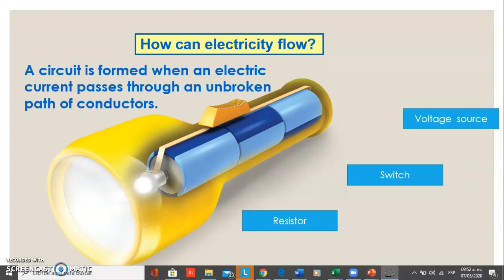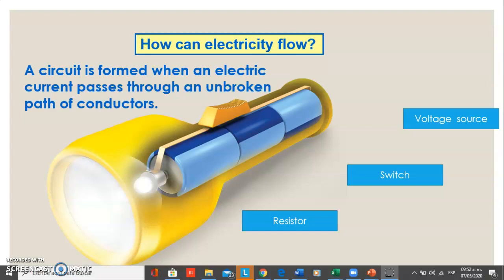For example, in a circuit, you can find a voltage source. A voltage source increases the push of the electrons in the circuit. Un voltaje incrementa los niveles de electrones en el circuito. Batteries are a voltage source.